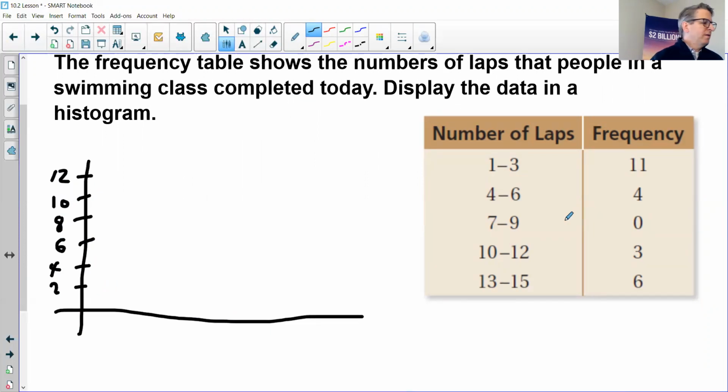That would be considered the frequency. The frequency would be on the, I call it the y side of the bar graph.